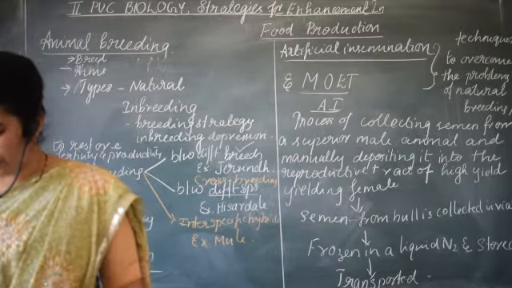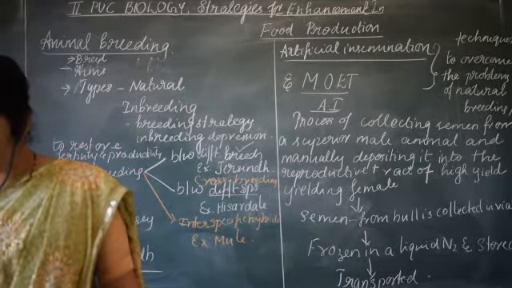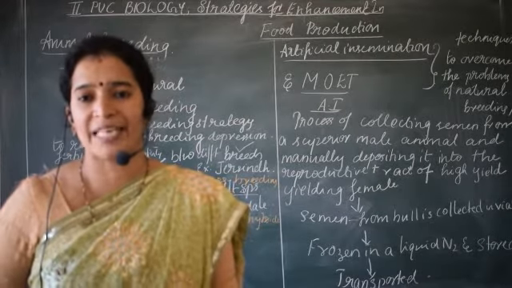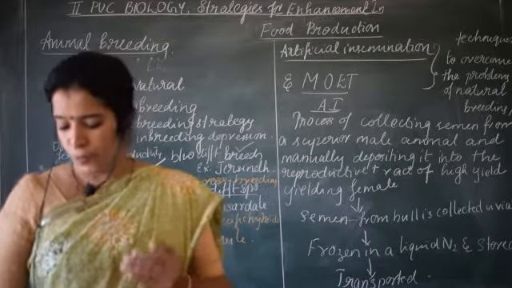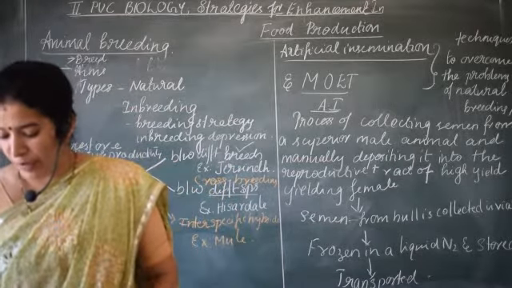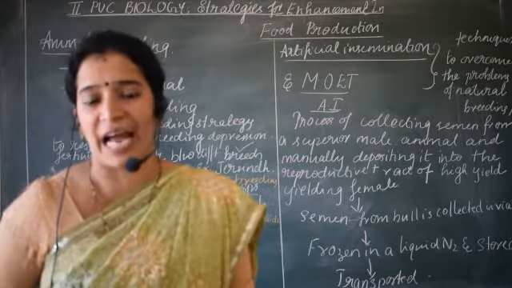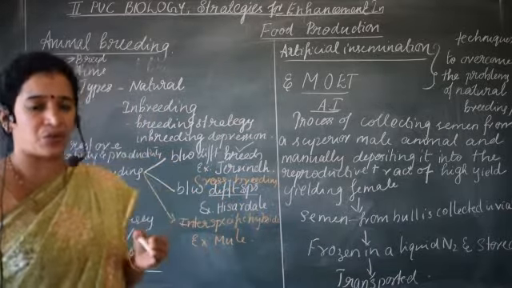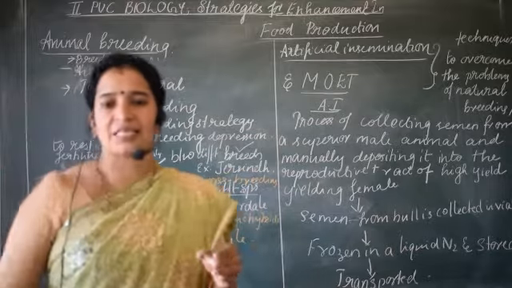It is the practice of mating of animals within the same breed which have no common ancestor on either side of their pedigree chart for up to 4 to 6 generations. I gave the outbreeding definition in the last class also.